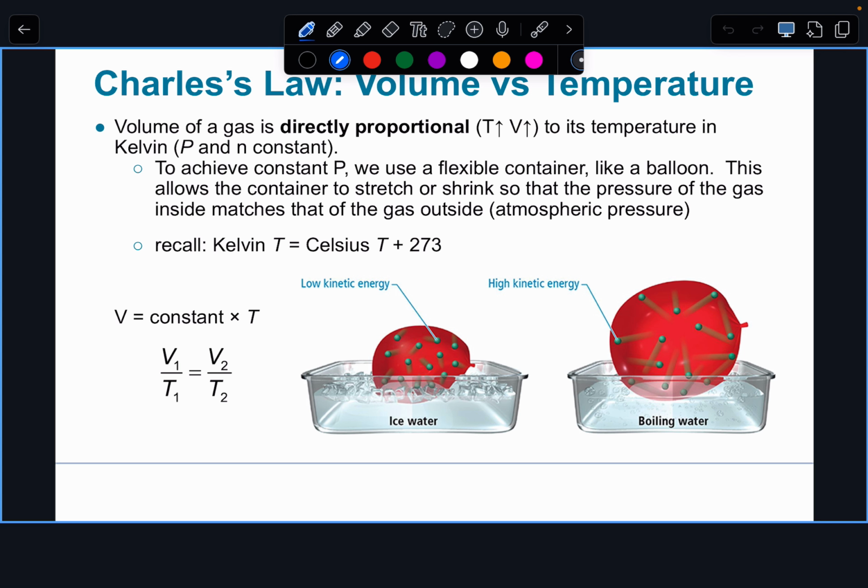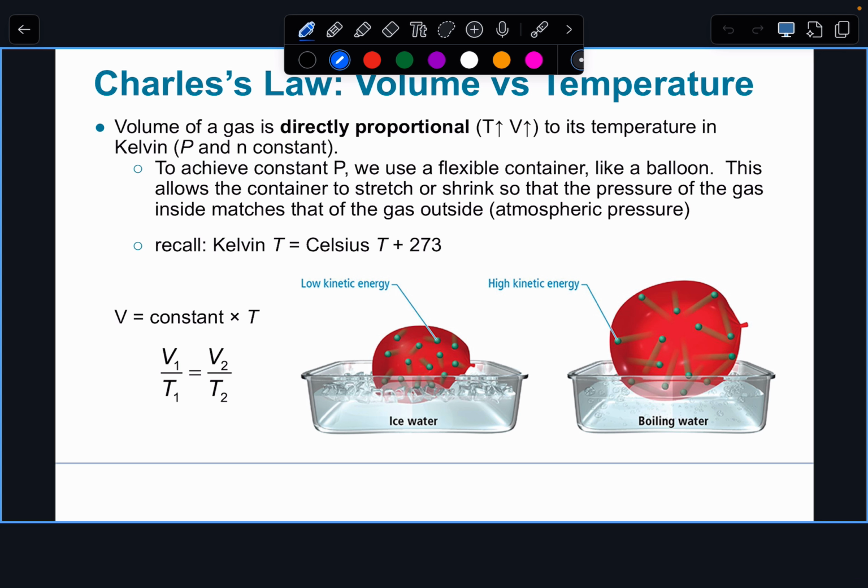The reason is because the particles start to move more slowly, so they're not hitting the sides of the container as frequently, and then that volume starts to decrease in order to keep the pressure the same. If they're hitting the sides of the container, say, 100 times every second, then they cool down and now maybe only hit 50 times or 10 times a second. Then the container has to get smaller in order to keep them hitting 100 times a second, so that they can get across even though they're going slower.